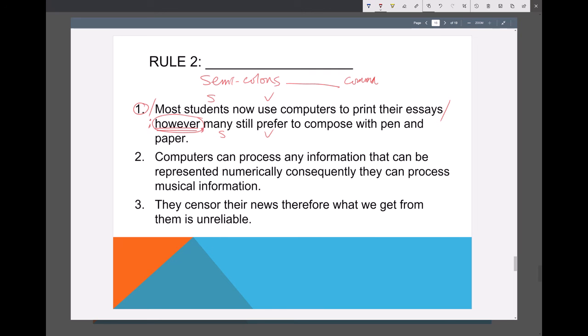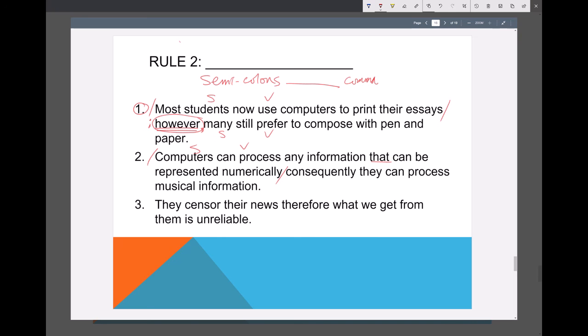How about number 2? Computers can process any information that can be represented numerically; consequently, they can process musical information. So we have our first clause. Computers can process any information that can be, so here's a preposition, that can be represented numerically.